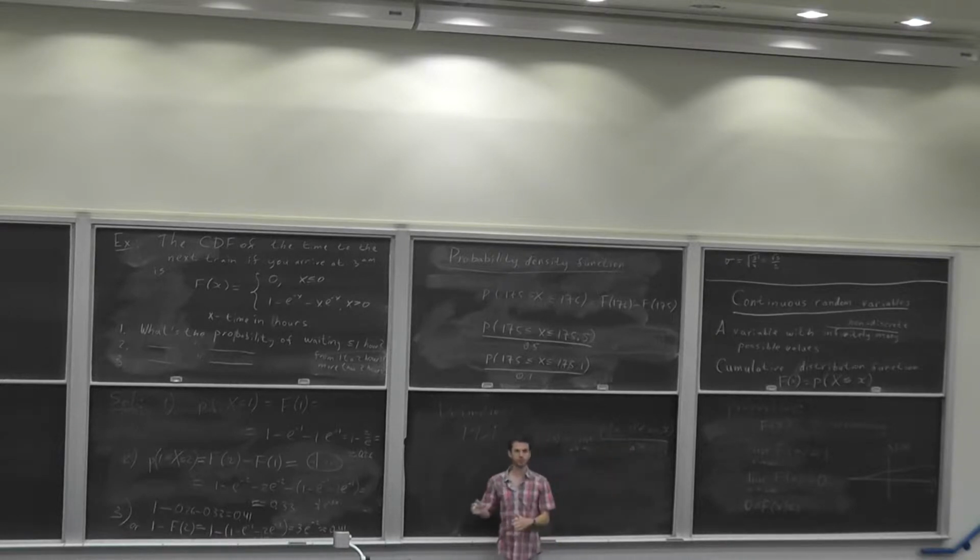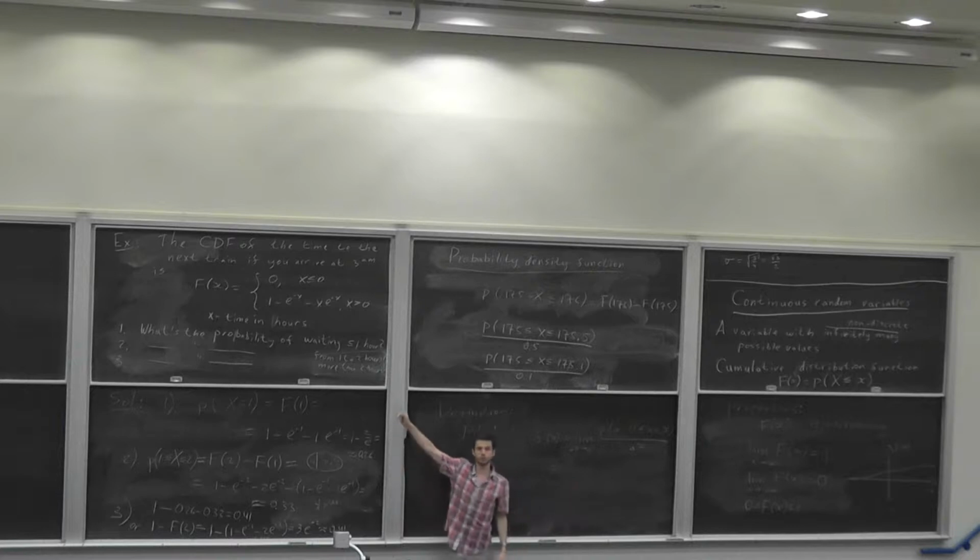So this thing measures in a way how likely you are to see somebody who is, or how likely you are to see the variable having a value about x. In terms of this cumulative distribution function, we know this.